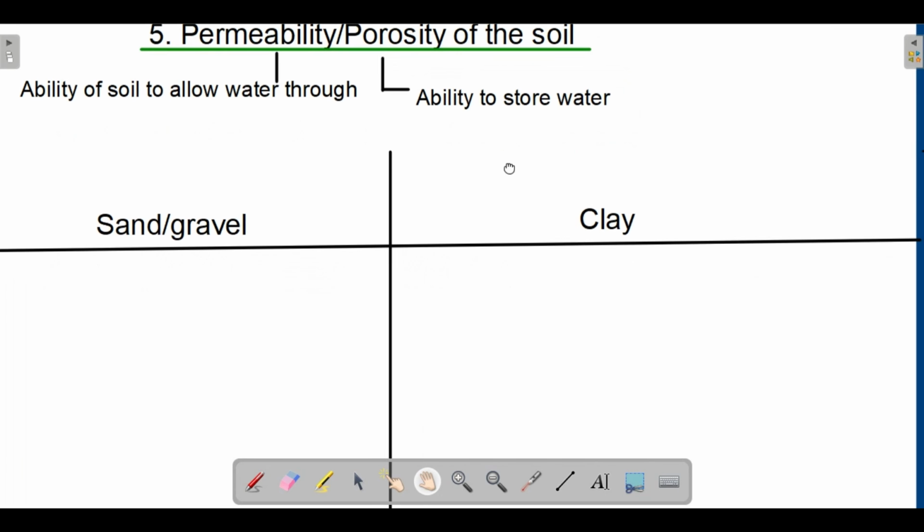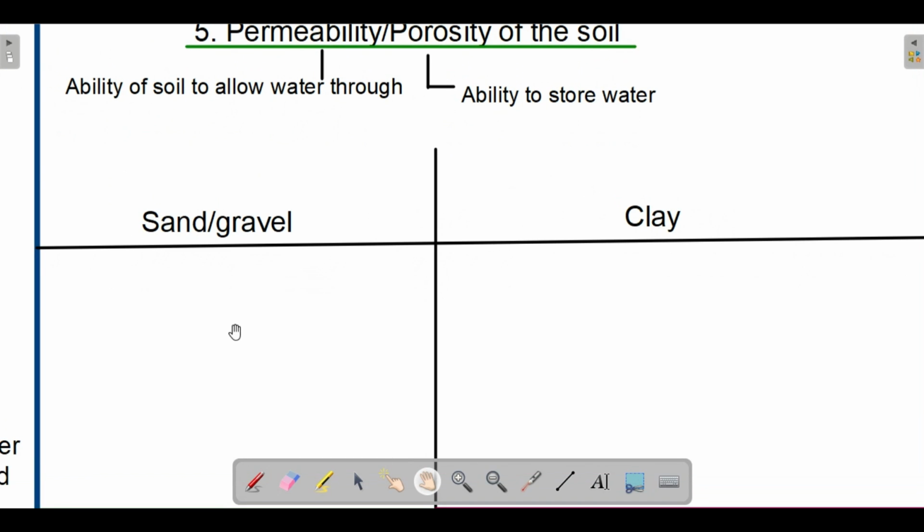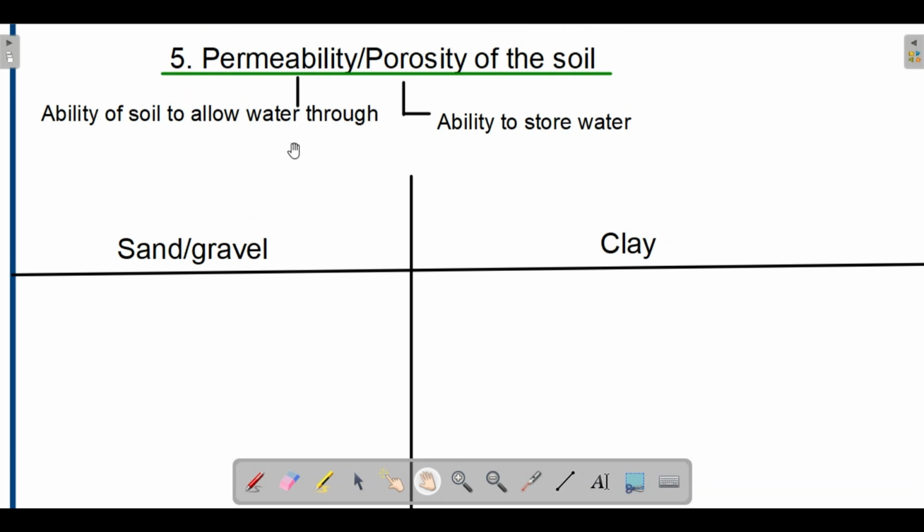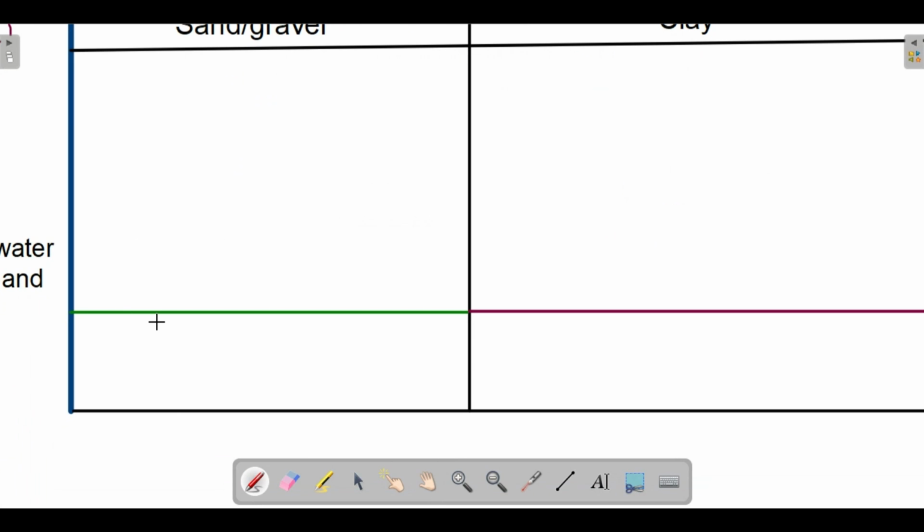For example, sand has an ability to allow water to go through, because it is made up of particles that are not densely packed. It gives more space for these water particles to enter through. There's more space available for water particles to enter.